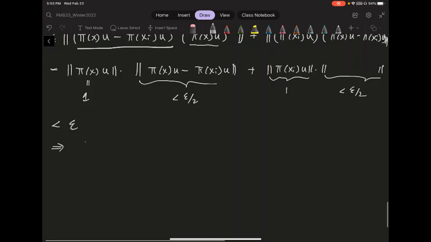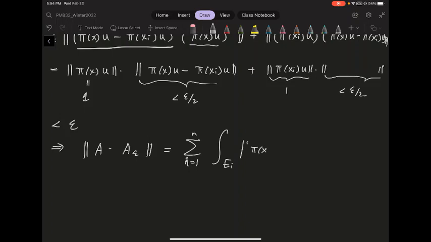So what you end up with is, if you consider the norm of A minus this A_epsilon, this is going to be, on these, the summation, i going from 1 to n, of each of these E_i, you integrate the difference. I should say less than or equal to the norm of π(x) b π(x) inverse minus π(ξ_i) b π(ξ_i) inverse.